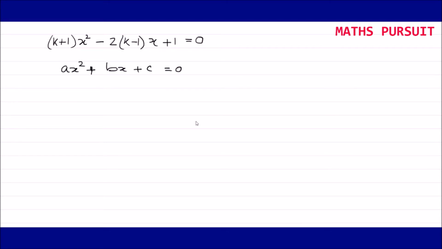If we compare, you can see that the value of a is k + 1, the value of b will be -2(k - 1), and the value of c will be only 1.